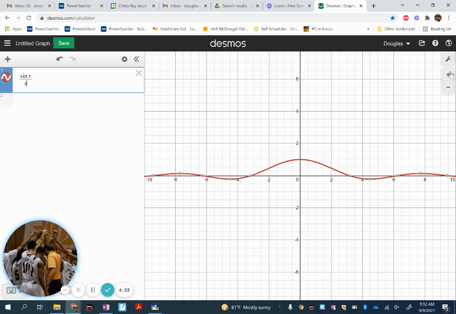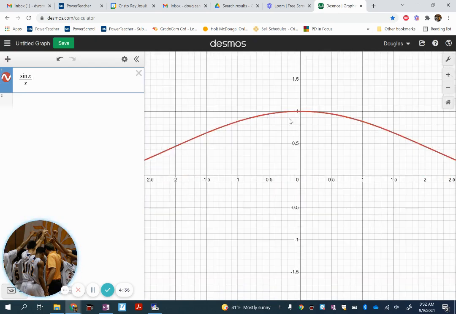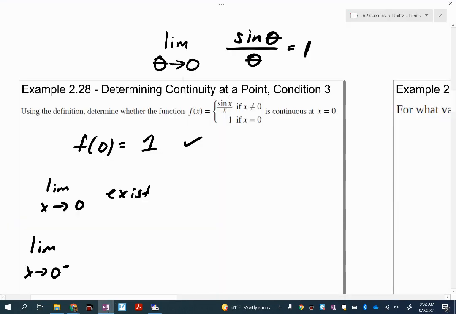Okay, and if I zoom in, you can see that as we approach this from the left and from the right, we're approaching 1, even though obviously it's undefined. Where is it? There it is. Even though it is undefined at 0, the limit is 1. So if both of these limits are equal to 1 from each side, the first one is 1, the second one is 1, then it does actually exist.